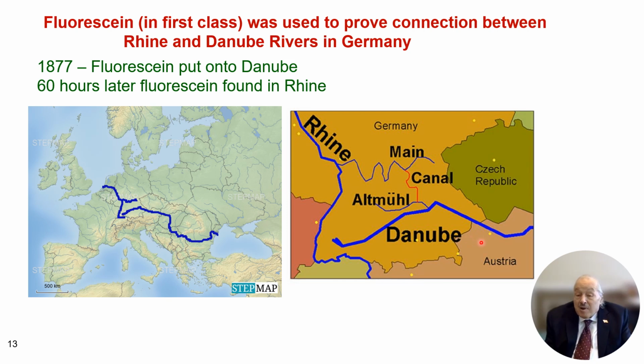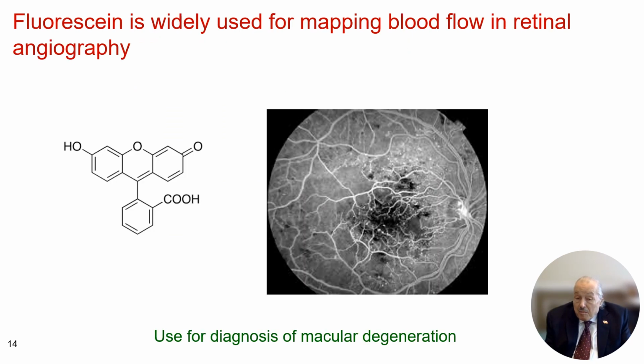That might not seem like a relevant experiment, but even today, fluorescein is widely used for mapping flows of fluid, in this case, blood flow. How do you do a retinal angiography where you want to image the blood vessels in the back of the eye? That's done by getting a large injection of fluorescein and taking a picture of the back of the eye.